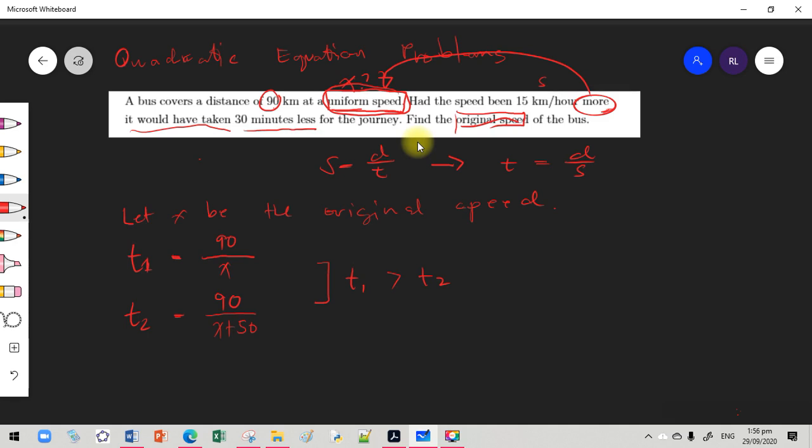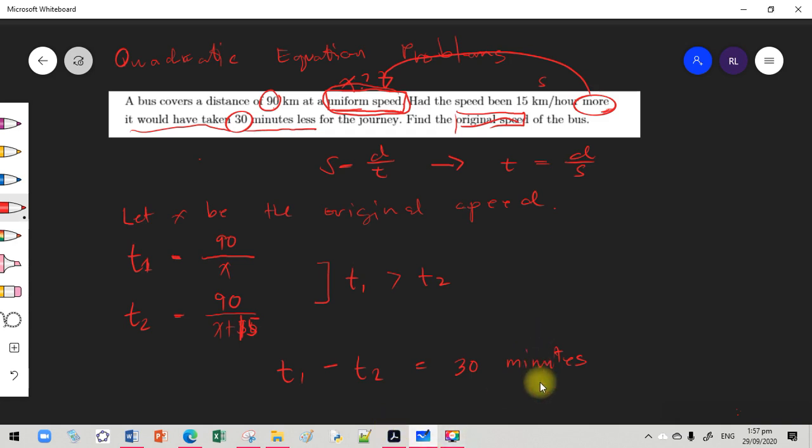So if the speed is 15 kilometers per hour more than the original speed, the time taken will be 30 minutes less than the original. So t sub 1 minus t sub 2 is 30 minutes.